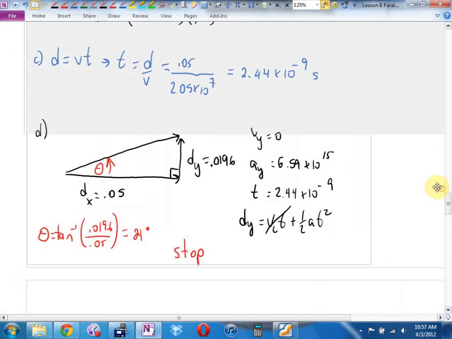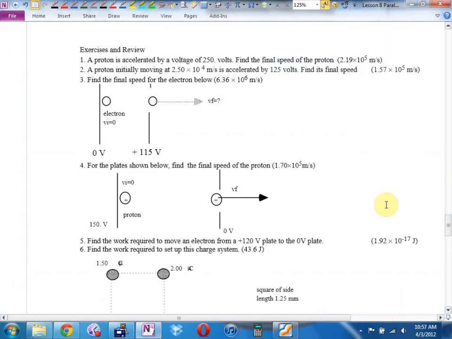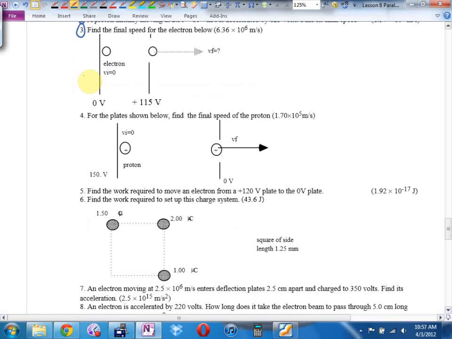Continue. So what's your homework? Number 1. Number 2. Number 3. 4 is good. 5 is good.